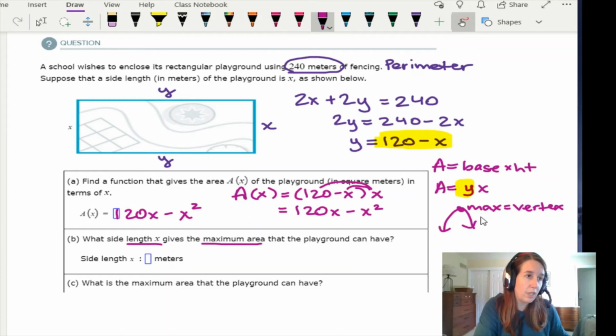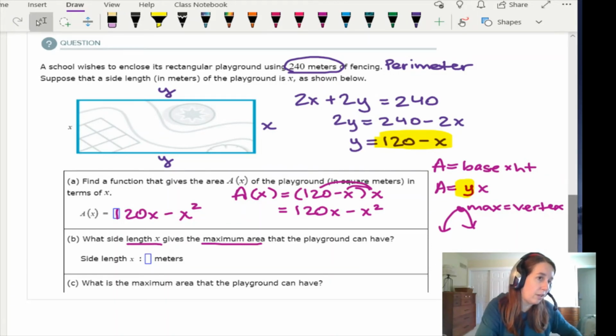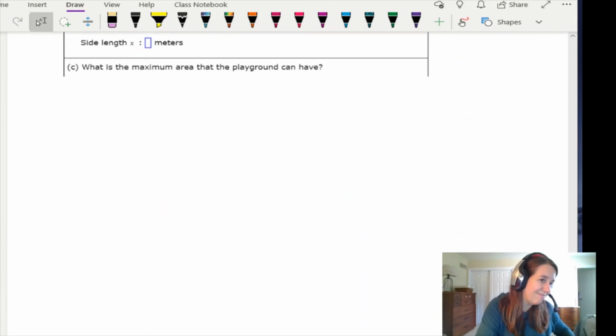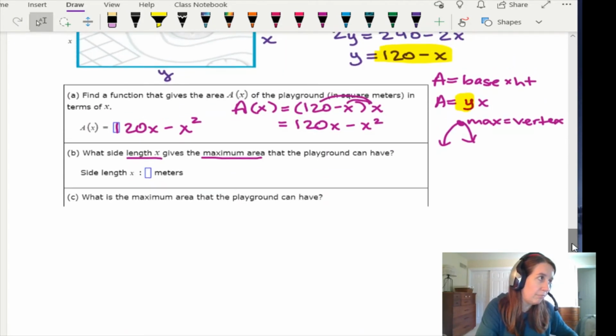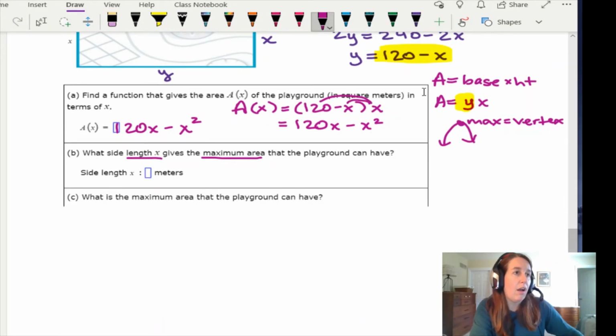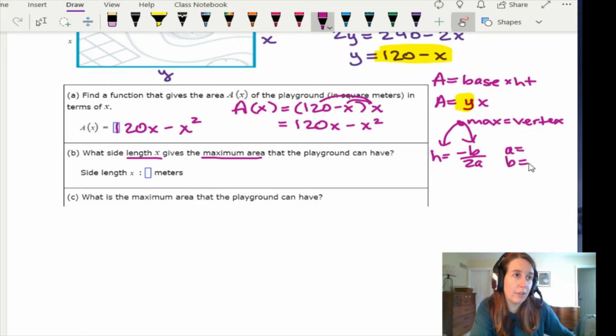So to find the vertex, let's scoot this a little bit so you can see better. There. Okay. So to find the vertex of a parabola, we can just use h is equal to negative b over 2a. So let's write down what a and b are for our equation.